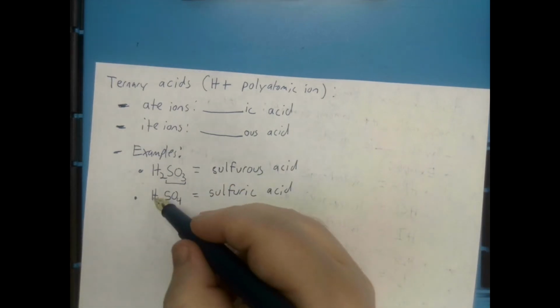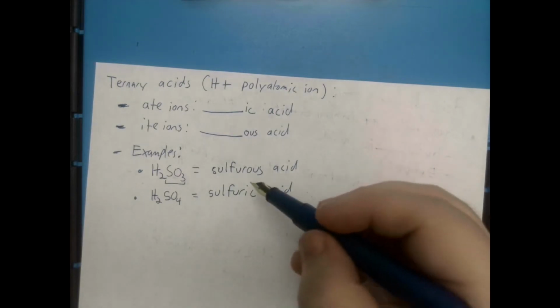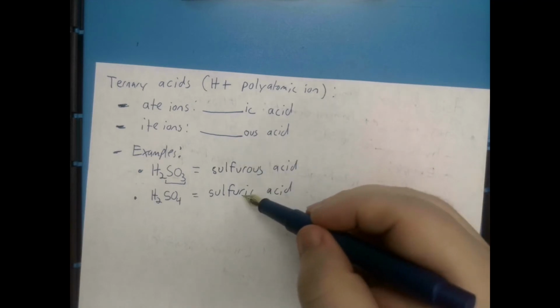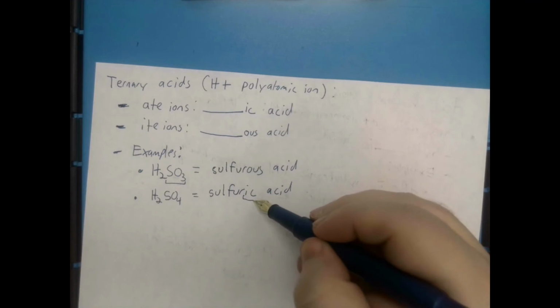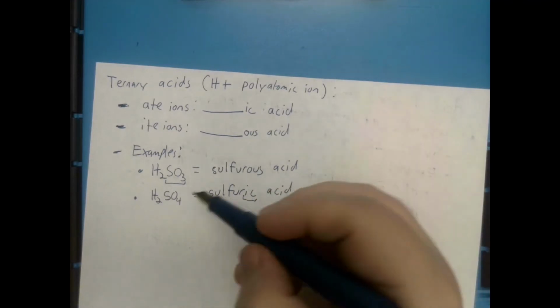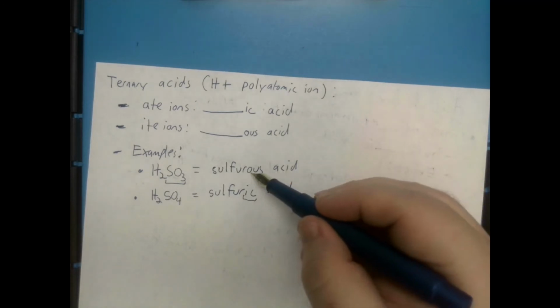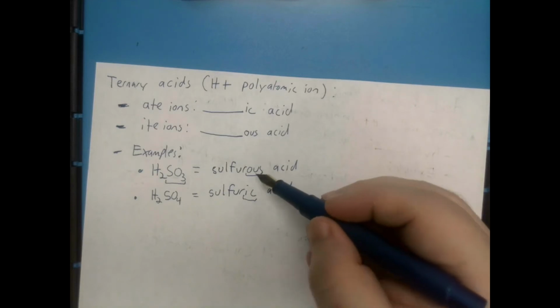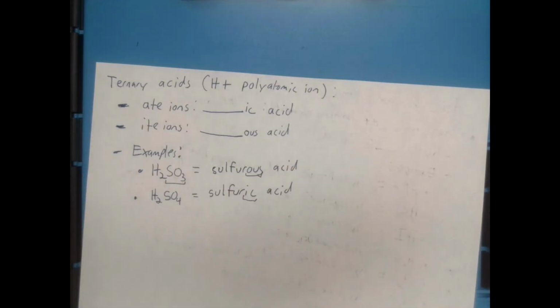So you need 2 positive charges to counteract the 2 charges here. So it's important to not confuse sulfurous acid with sulfuric acid. Sulfuric ends in ic, so we use the sulfate, which would be SO4. Sulfurous ends in ous, so we use the SO3. And these are completely 2 different acids.